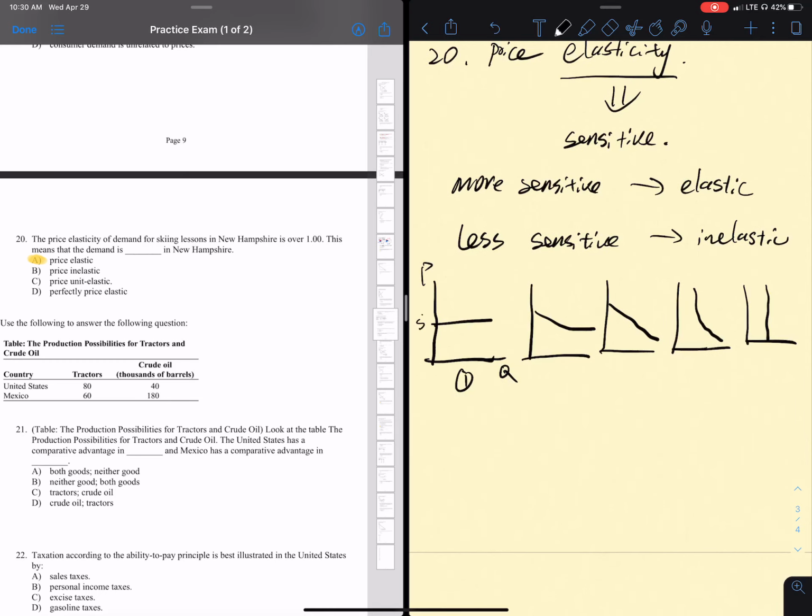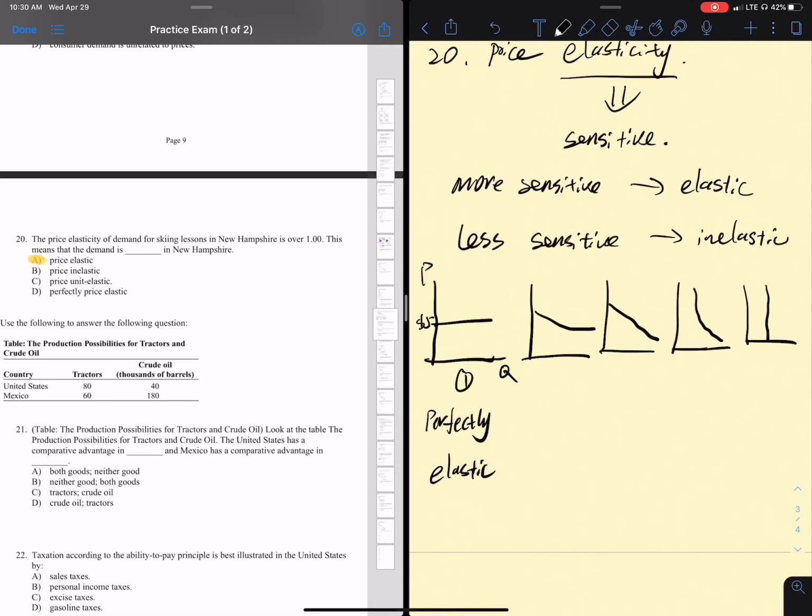Such as, $5 is my only budget. I only want to pay five. If it's 4.90 or 5.10, I'm not buying it. So this one is called perfectly elastic. There is a tiny change in the price, and you are not buying it.